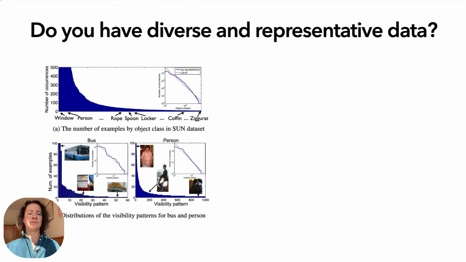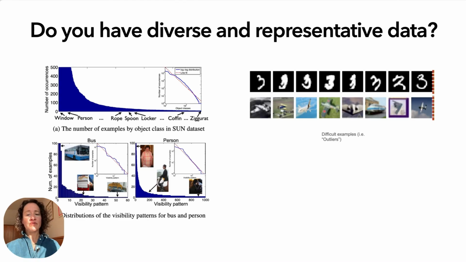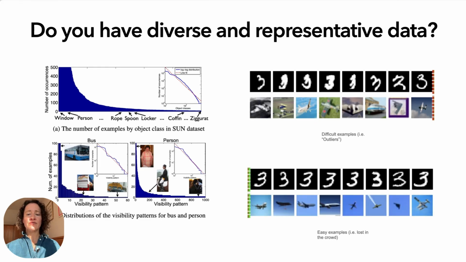Again, difficult examples, or at least in this Carlini paper, called outliers, and easy examples. Easy examples, because they're less complex and because we'll have many repeats of the same thing, we can learn with differential privacy. More difficult examples we might not learn.